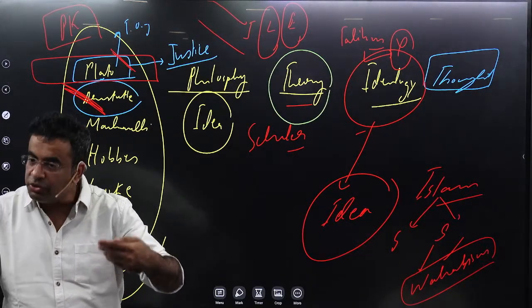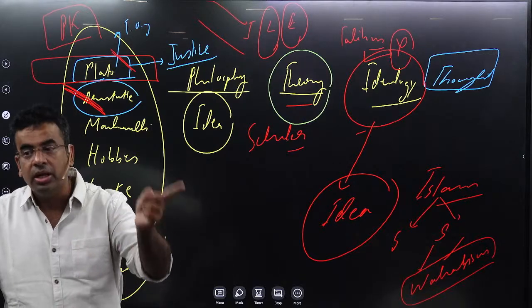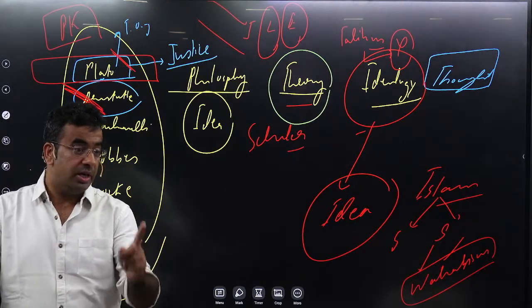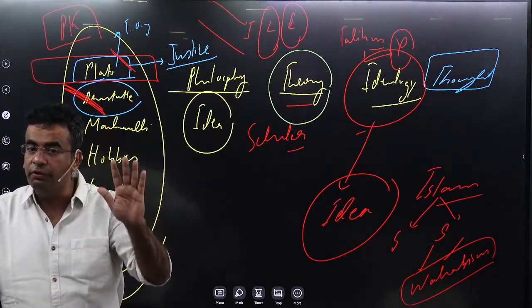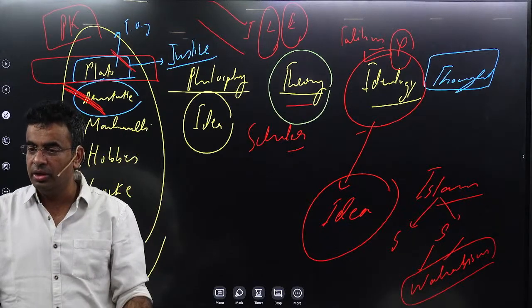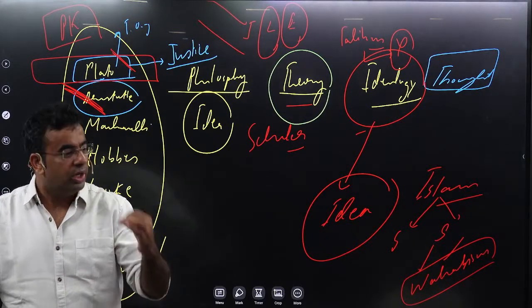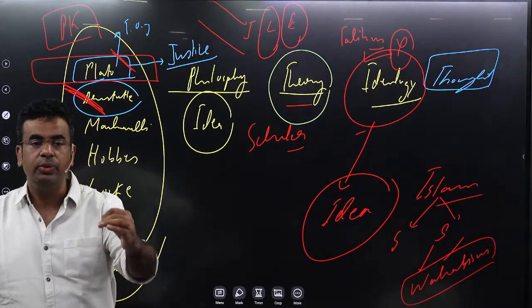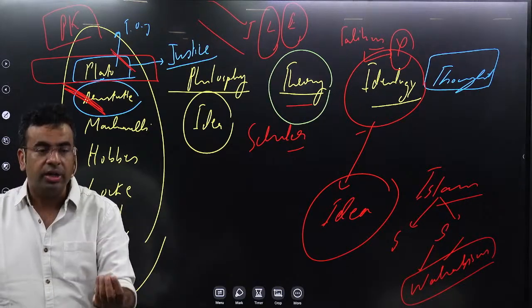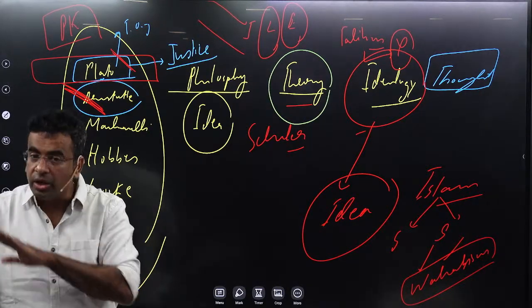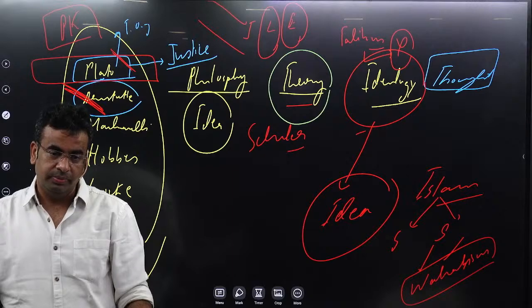No, the mistake you are making is not doing the proper compilation of your content. The content which I'll give you for optional will be more than enough. There is no need to go for value additions also. Everything I'll give you in the class in the form of notes and a few handouts. Other than this, you do not have to refer to any material. Okay?